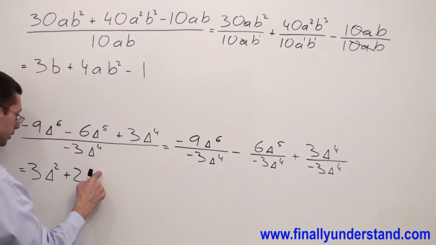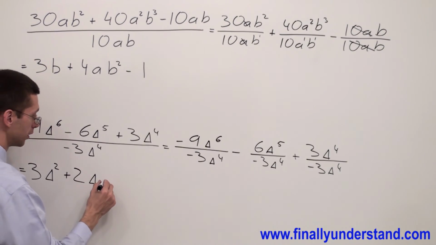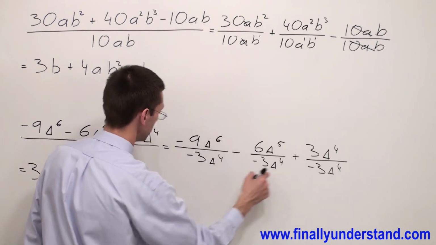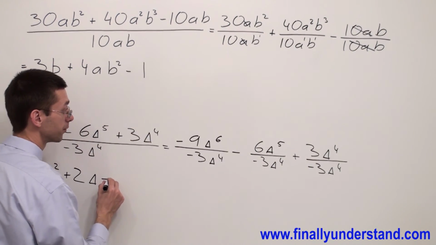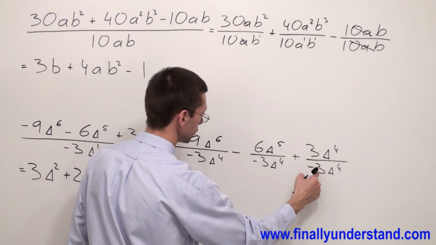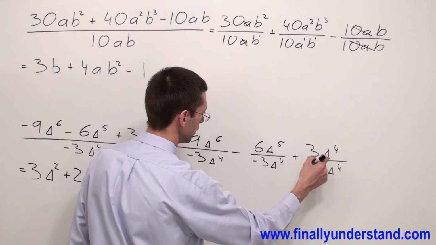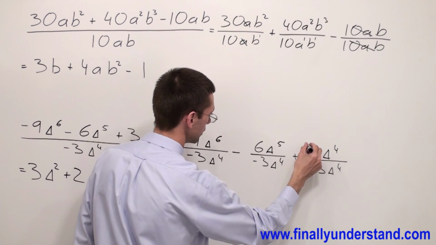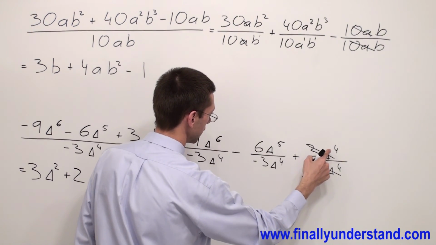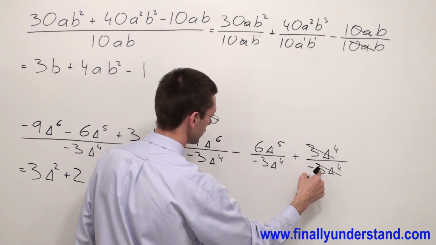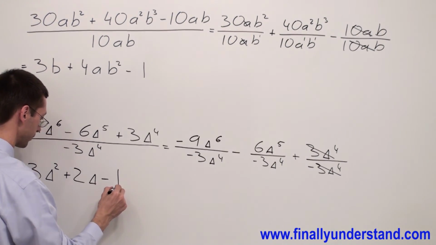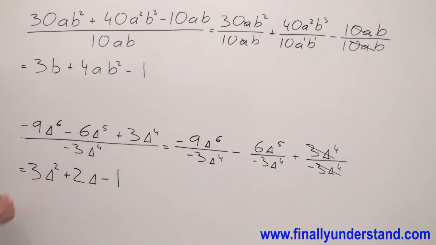Anytime I have exponent 1, I don't write it. Next, positive divided by negative gives me negative. And I have 3 delta to the 4th power divided by 3 delta to the 4th power. We have exactly the same terms. They're going to cancel each other. And 3 delta to the 4th power divided by 3 delta to the 4th power is equal to 1. This is the solution for my second problem.